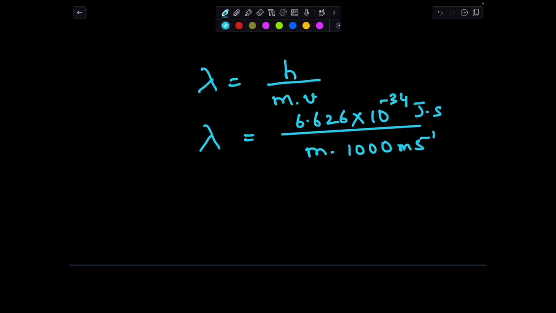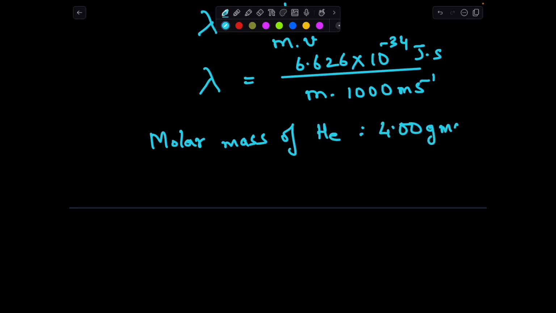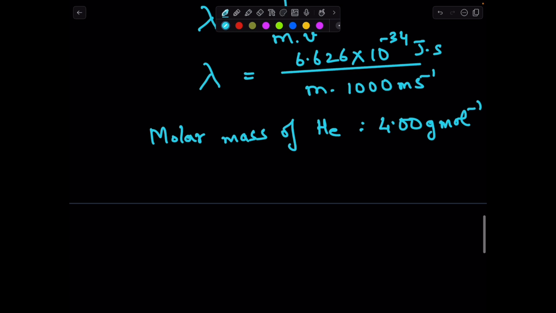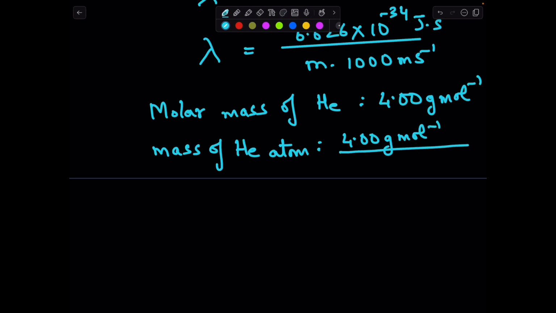What about the mass of helium atom? From the periodic table, we can see that molar mass of helium is 4 grams per mole. So mass of a helium atom is 4 grams per mole over Avogadro number, which is 6.02 times 10 to the 23 per mole.